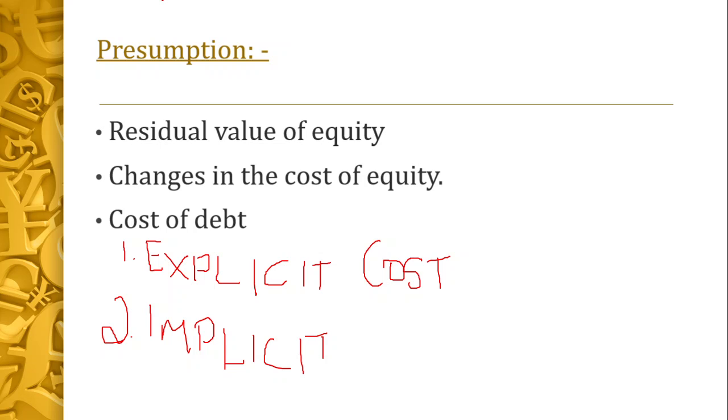Fine. So, the second one is implicit cost. What does that mean? If explicit cost is what has been specifically mentioned, what might be implicit cost? Yes, not specifically mentioned, or hidden cost.